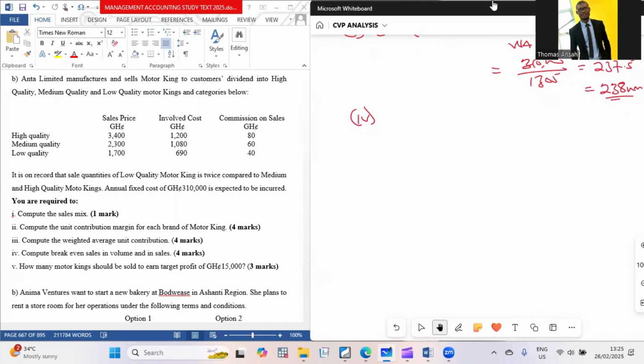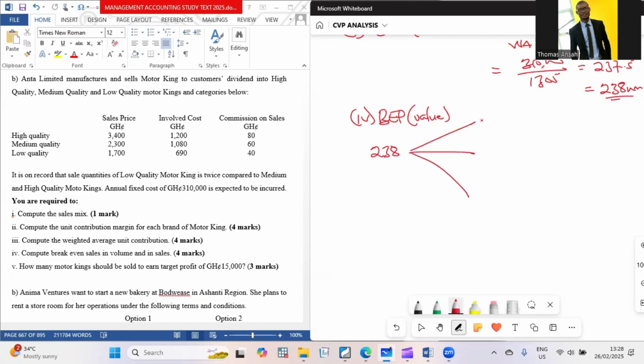Let's see the proportion of medium and everything that we have here. So 238 is the break-even point in units.